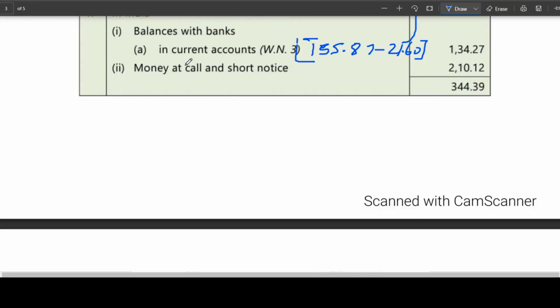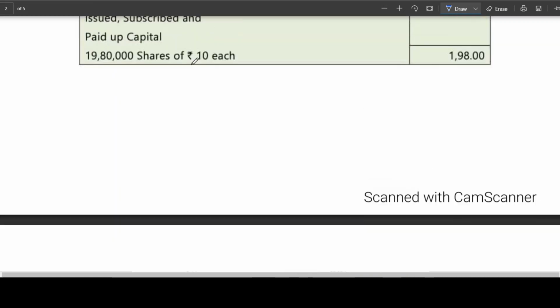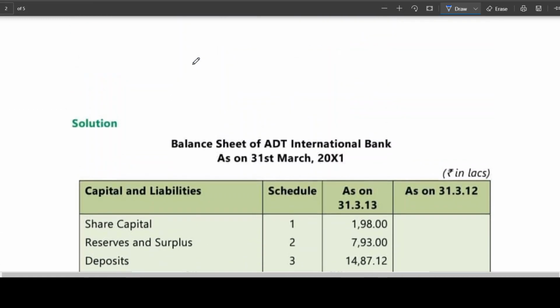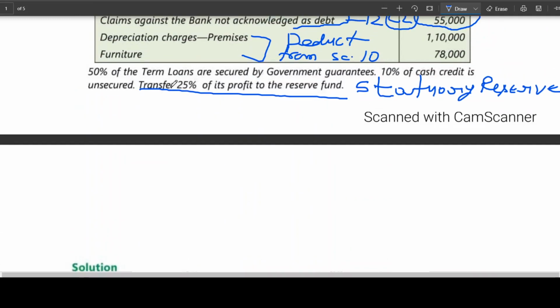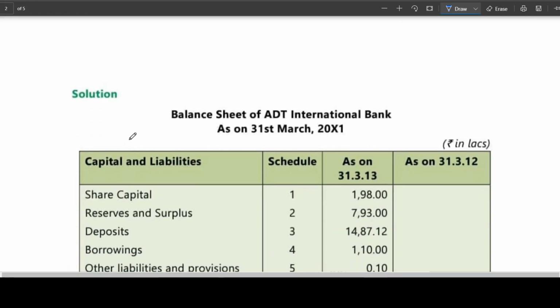Where this has been given, you can see at the end of the question: 50% of term loans are secured by government guarantee, 10% of cash credit is unsecured, transfer 25% of profit to reserve fund.